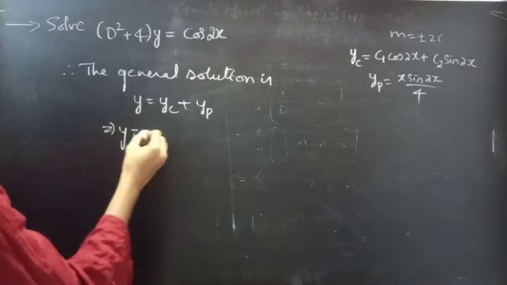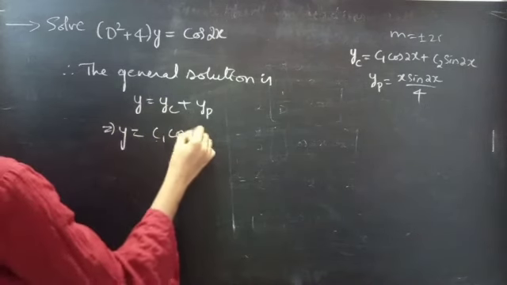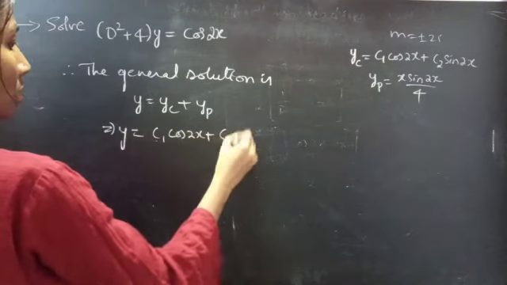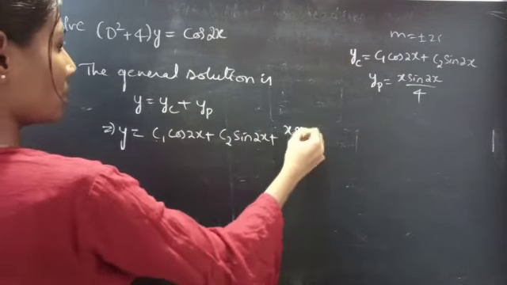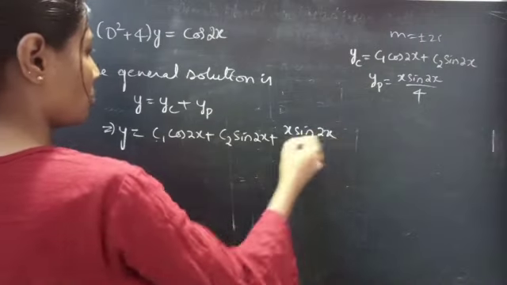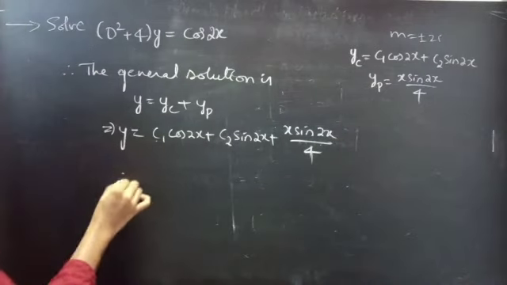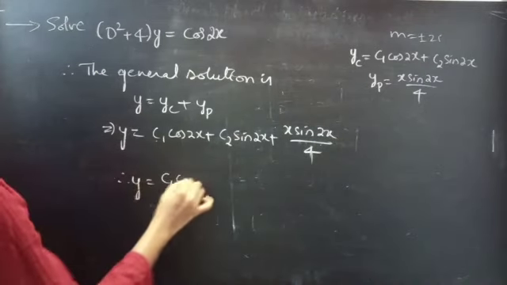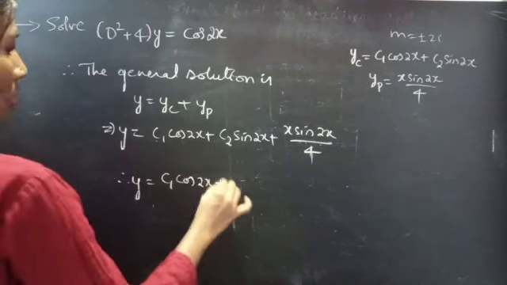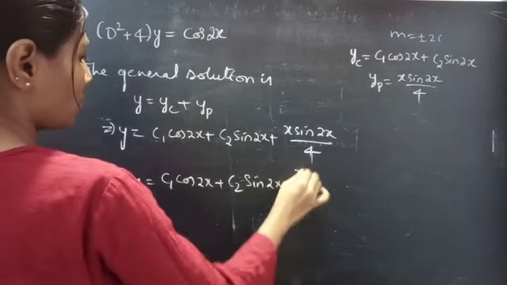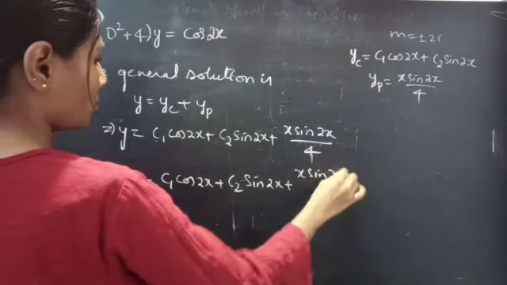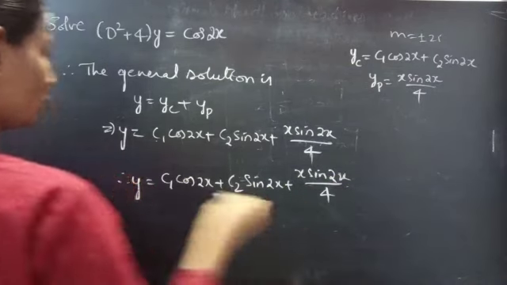Then y equals yc, c1 cos 2x plus c2 sin 2x, plus yp, x sin 2x by 4. Therefore y equals c1 cos 2x plus c2 sin 2x plus x sin 2x by 4 is the required solution.